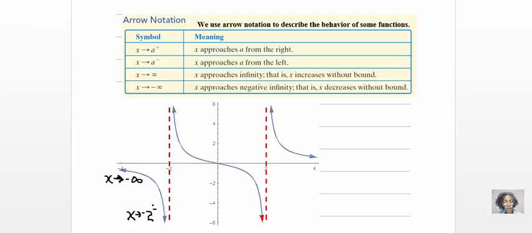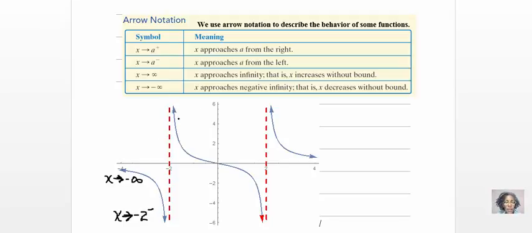These are the symbols we would use: x, an arrow pointing from x to negative 2, and then an exponent of a negative sign means approach from the left. So here x is approaching negative 2 from the left.